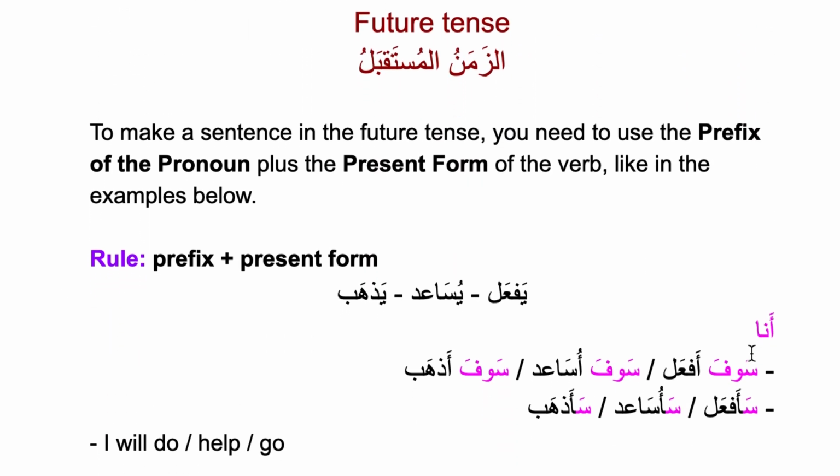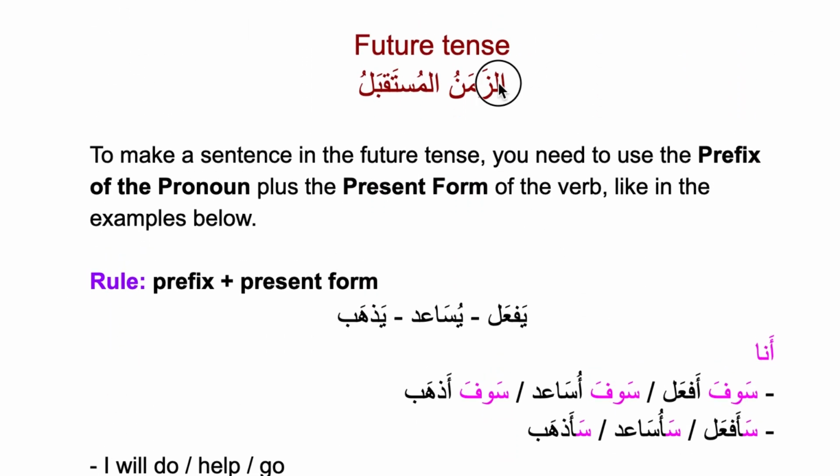Now let's go through the future tense. In Arabic, called al-zaman al-mustaqbal. The future tense uses the form of the present tense with additional special prefix of the future tense, which is the letter sin or sawfa.